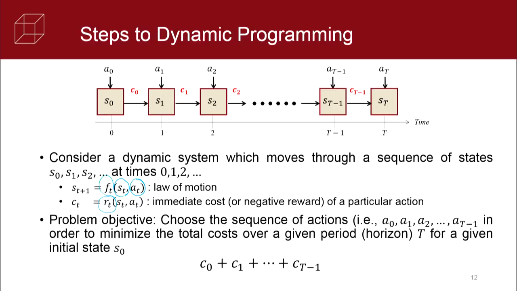And this function specifies what state we're going to have in the next stage. So given this state, the decision maker chooses the action a_t, and that leads to the next state with a probability of 1. That means you know for certain the next state if, given the state s_t, you choose the action a_t, right? So that is called the law of motion.